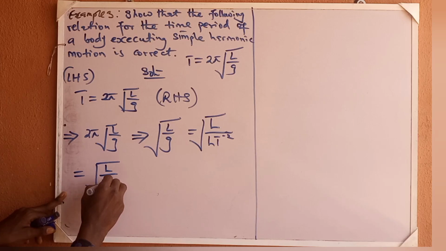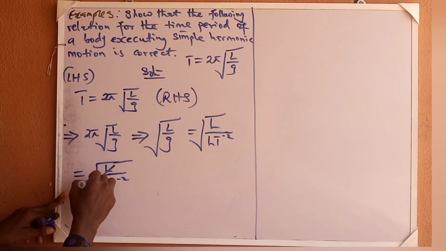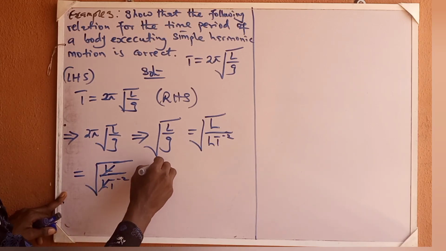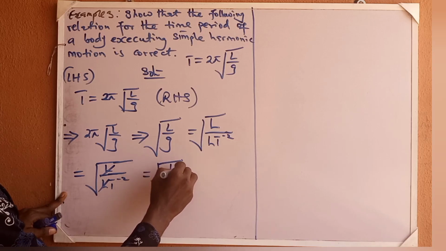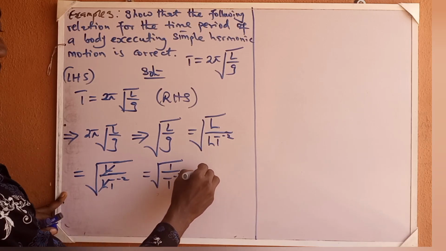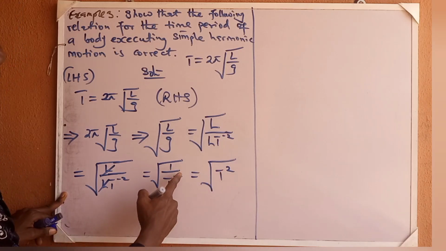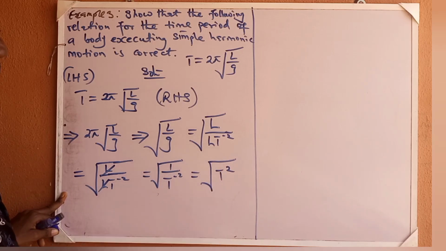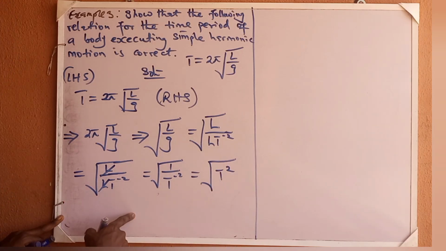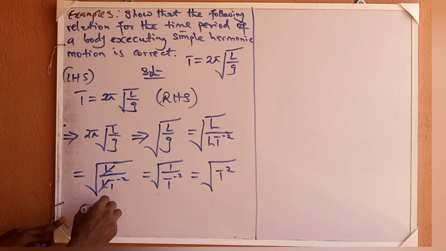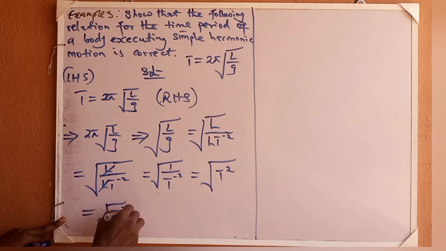So this L here can cancel this L. So we have square root of 1 over T to the minus 2. And that gives us square root of T to positive 2. When you have T to the negative 2 in the denominator, you can bring it up to become T to positive 2 in the numerator. Now, if you have square root of T squared, obviously that gives you T.